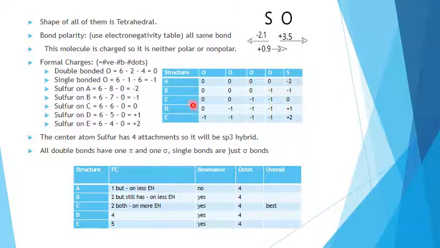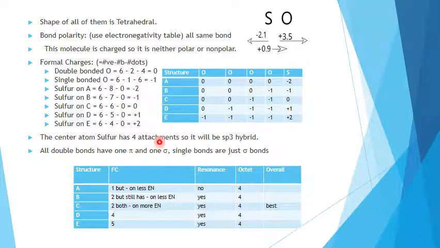So even though it just has one formal charge, it's not a good place for it. So this is going to really reduce its possibility. So it really comes down, probably, to B or C.